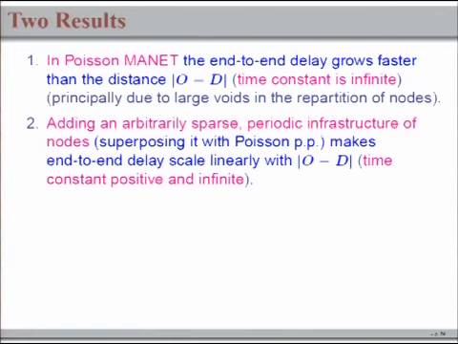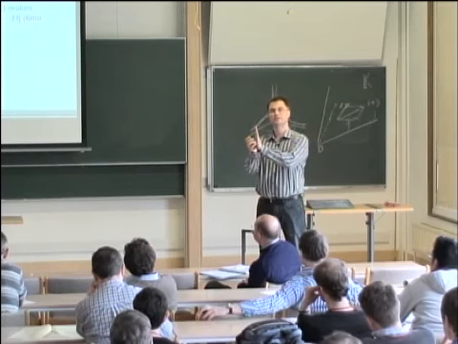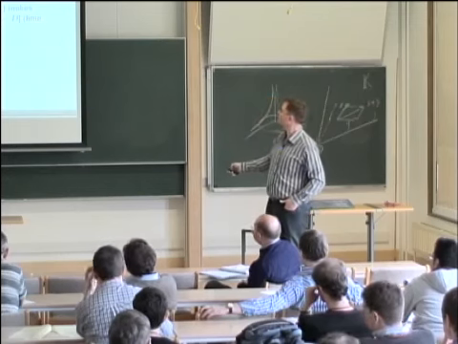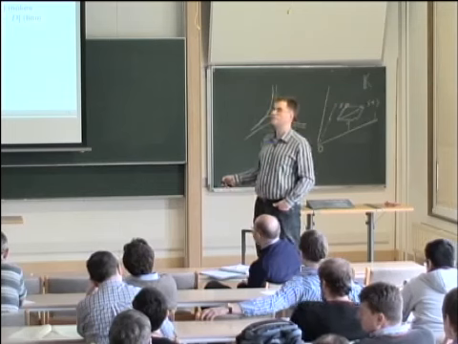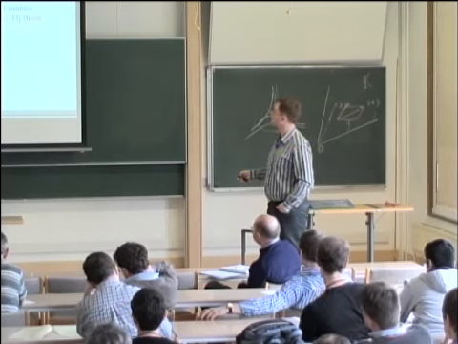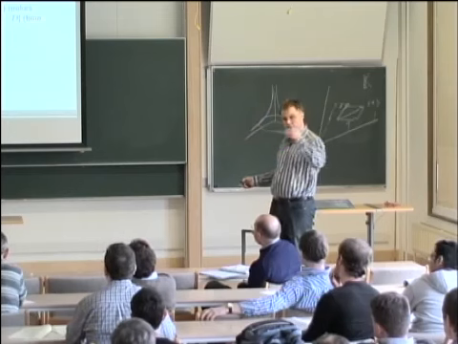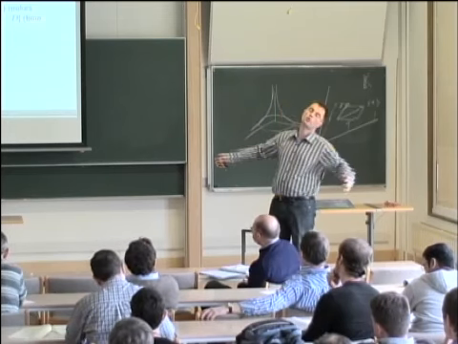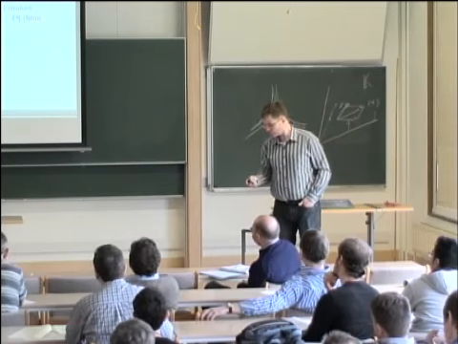For example, superposing the Poisson point process with some regular point process, why not a regular grid, which guarantees that there are no voids. And in this case, precisely this first passage percolation problem can be formulated and proved, and the time constant is positive and finite. So there is end-to-end delay. You're right, finite, I'm very sorry.